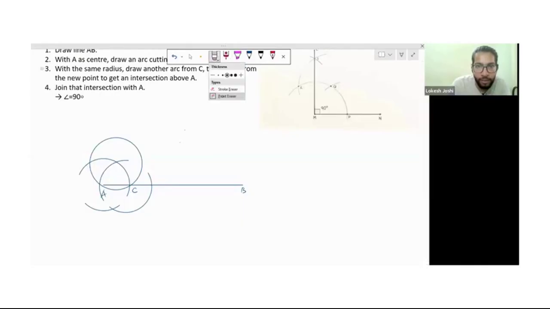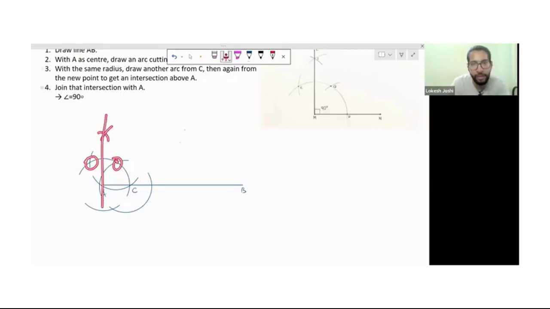Now it will look like this. Now consider these two points, this one and this one. Draw one arc there like that, and from that point, this line will be of 90 degree.